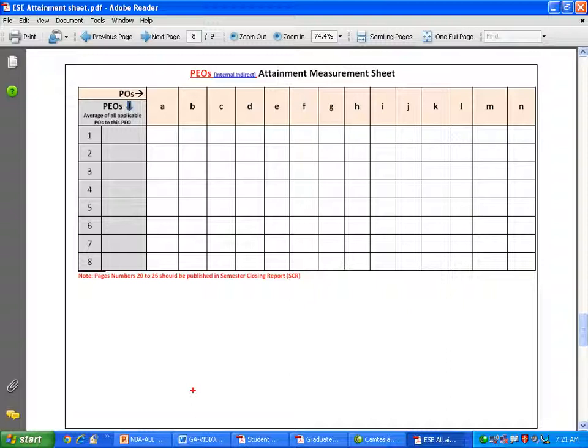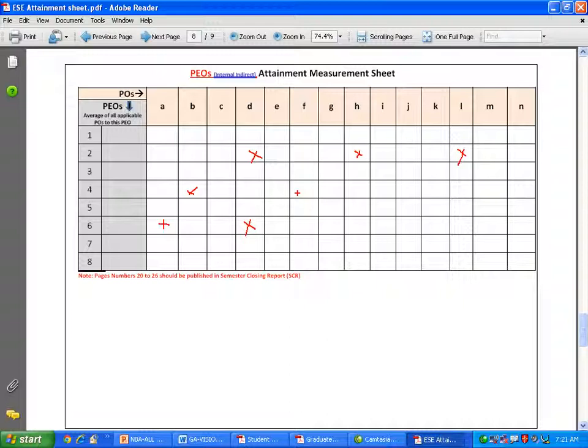The PO to PEO mapping is done once for a program, and it is available in the department. This is a sample I am showing you. Like this, all the program outcomes should be part of one or more program educational objectives. Otherwise the presence of that particular program outcome has no meaning.